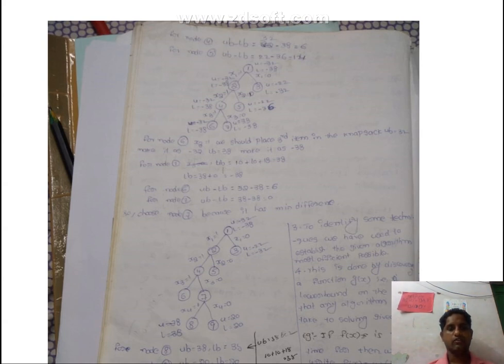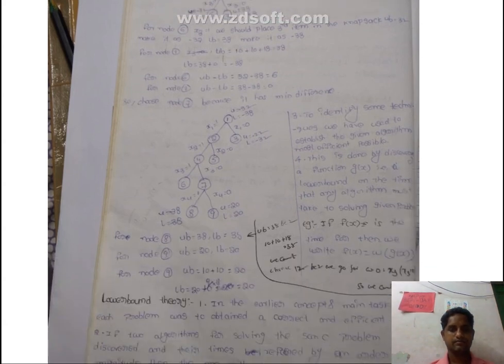Then go to nodes 8 and 9, x4 equal to 1, x4 equal to 0. See, for node 8, upper bound equal to 38, lower bound equal to 38. For node 9, upper bound equal to 20, lower bound equal to 20.